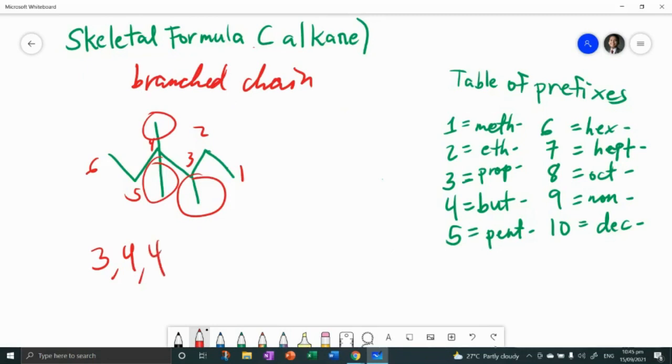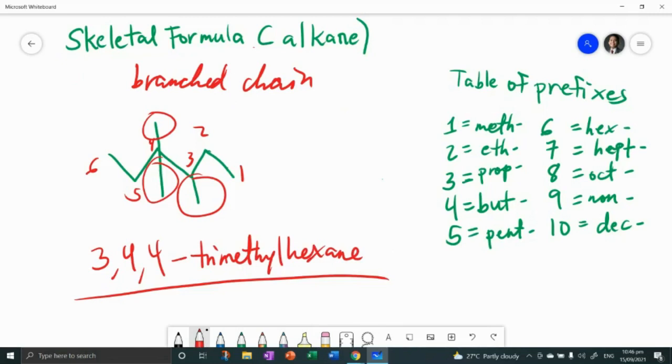Since parehas naman present ang methyl substituent niya, 3,4,4-trimethyl. And then 6 yung kanyang carbon chain. So, trimethylhexane. Ganun lamang po yung pagpapangalan ng mismong sample natin. So, proceed na tayo sa next portion ng ating lesson.